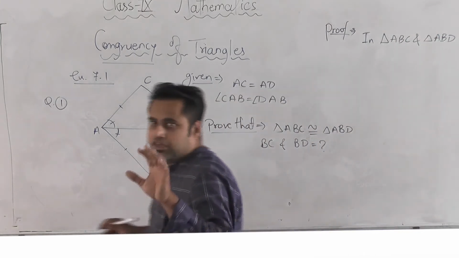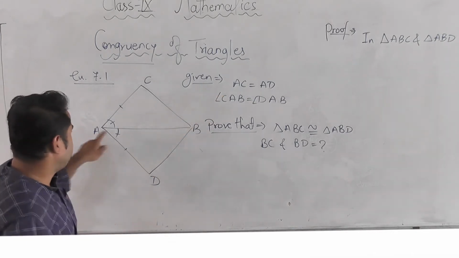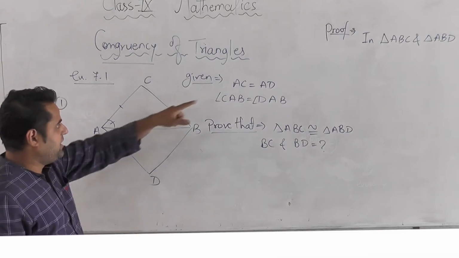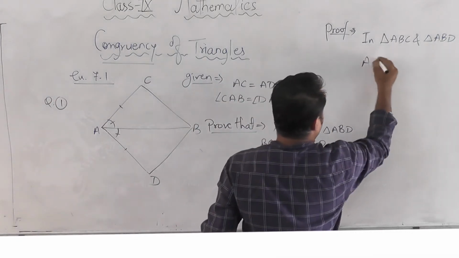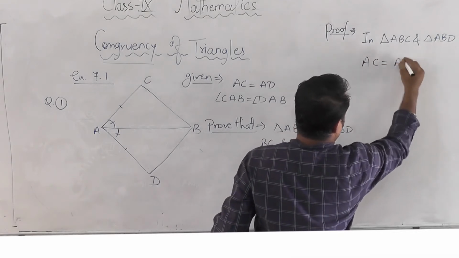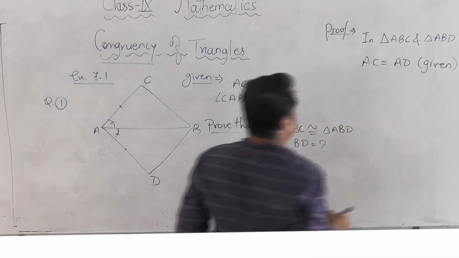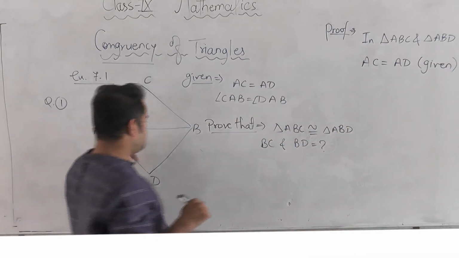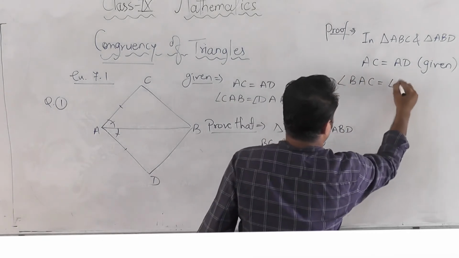First of all, we take what is given to us. In triangles ABC and ABD, AC and AD are given equal. So we can take AC equals AD, which is given. The second thing given is the angle: angle BAC is equal to angle BAD.